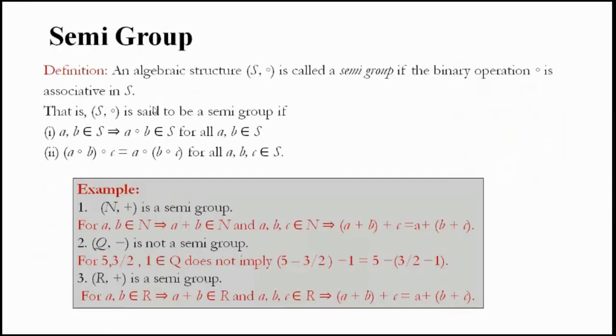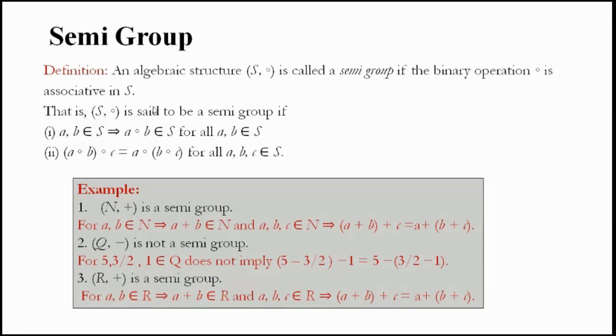Next is semi-groups. An algebraic structure S comma operator is called a semi-group if the binary operation is associative in S. That means if it satisfies the associative property, then we can say it is a semi-group.